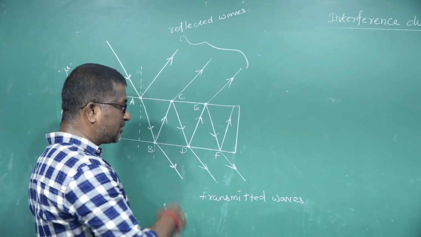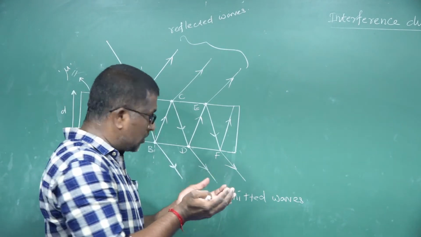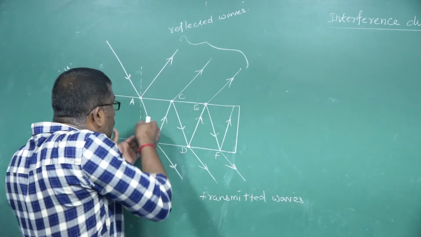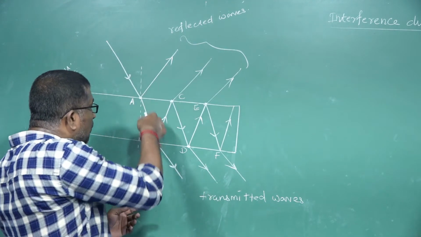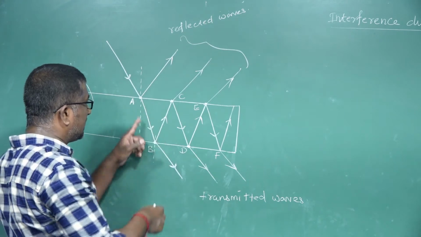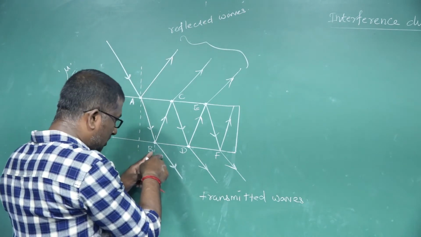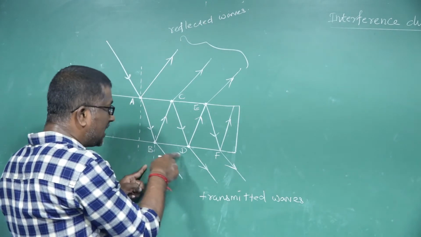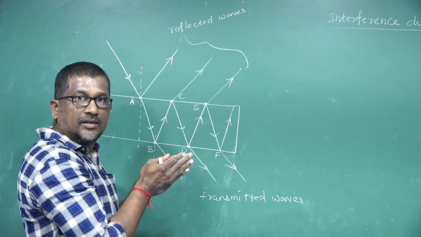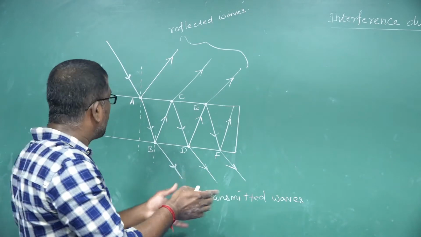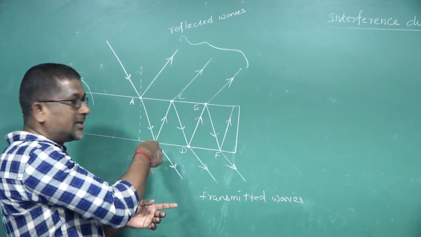These two transmitted waves move together up to this region, that is, in the region AB. Both transmitted waves from the points B and D are combined and move together in the region AB.